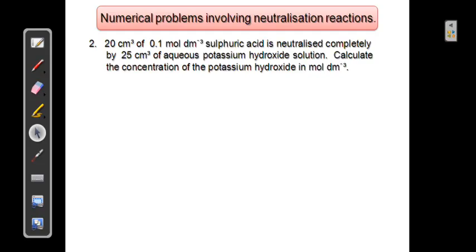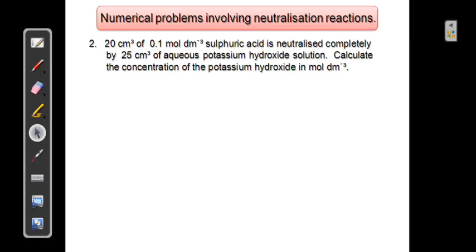So they have given you the sulfuric acid is 20 cubic centimeter. They want to know the concentration of the potassium hydroxide, which forms the 25 cubic centimeter of aqueous potassium hydroxide solution.